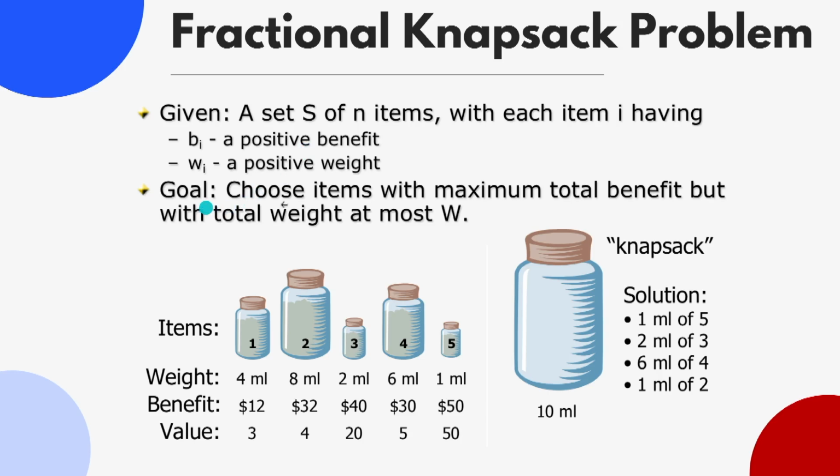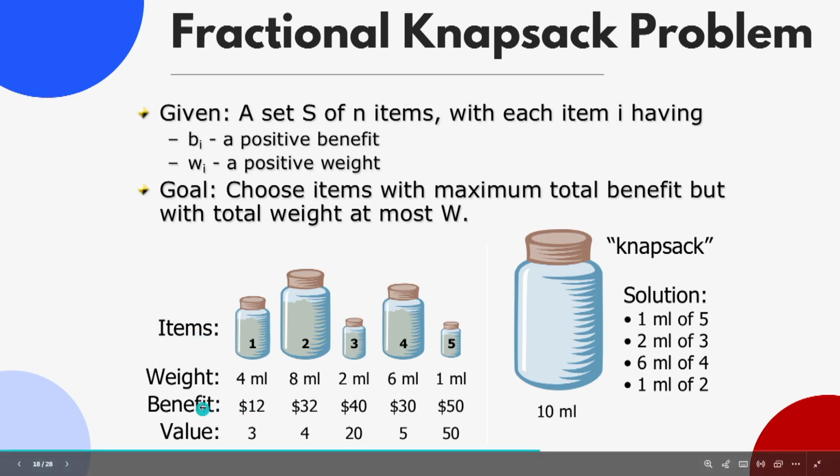Our goal is to choose items with maximum total benefit, but with the total weight of all those items not exceeding the total capacity of the knapsack, which is capital W. Here this is our knapsack and our capacity is 10 ml, and I have different items each having a weight as well as some benefit associated with it.